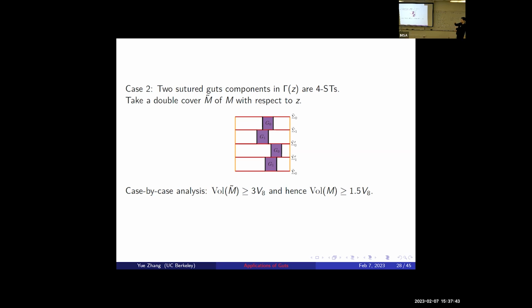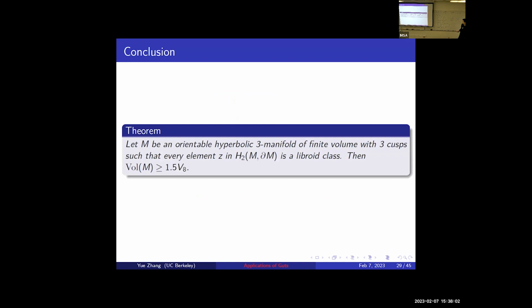You do the exchange of different gaps, and finally you can prove that the volume of this double cover is at least 3V8, and hence the original one is at least 1.5V8. So therefore we prove the theorem. So this is the first part.